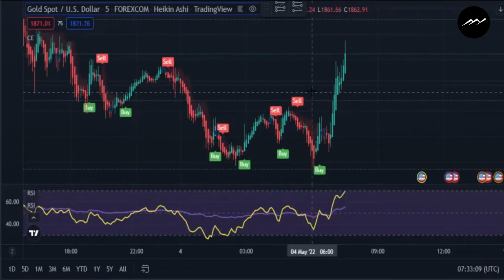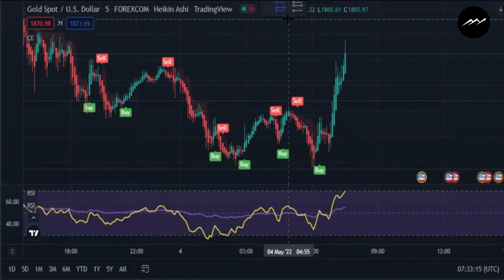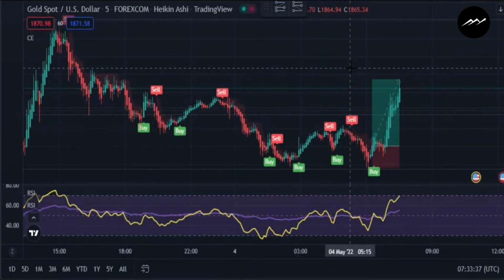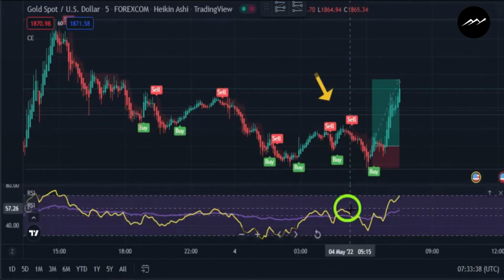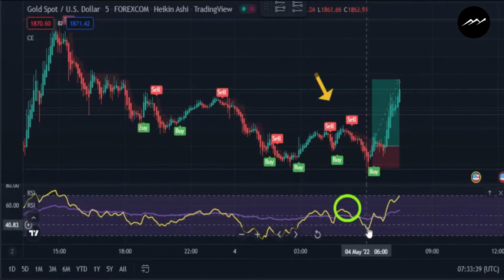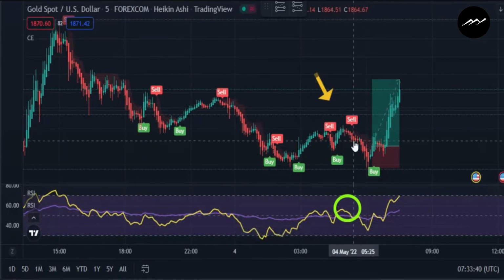The strategy is extremely profitable. So now, the conditions of trading with this strategy are such that when the first indicator issues a signal, we must get confirmation from the double RSI. For example, when the sell signal indicator is issued, we should wait for the RSI 25 line, which is yellow, to cross the RSI 100 line downwards.